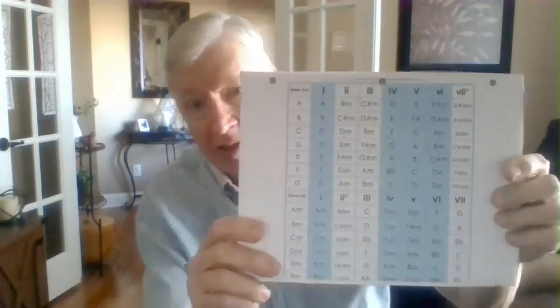Most songs start with the first chord of the song. Say if it's in the key of C, your first chord will be a C. They normally go 1, 4, and 5 in the music scale. So get this chart. This will help you if you need to transpose.